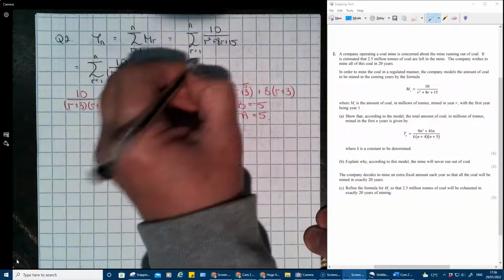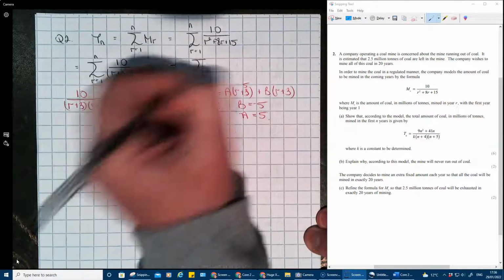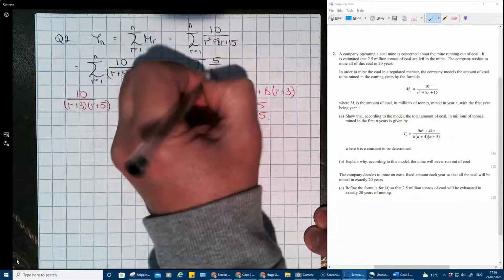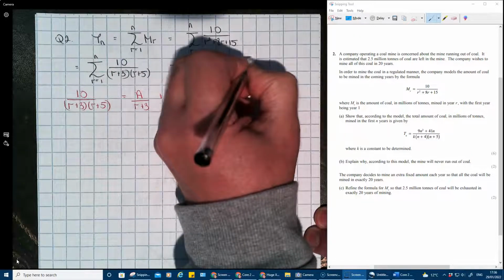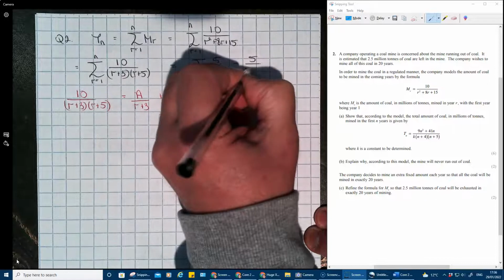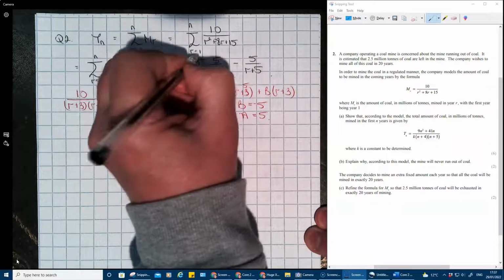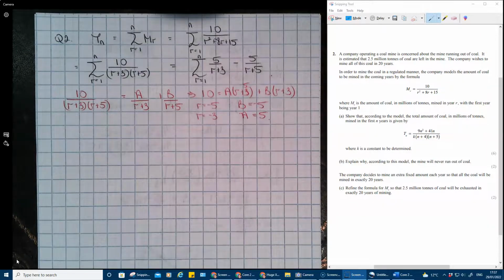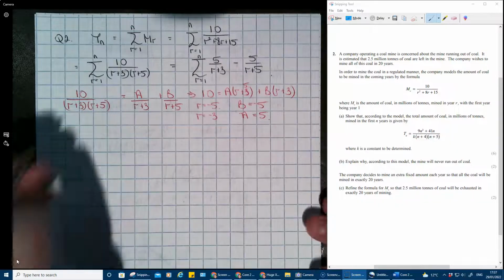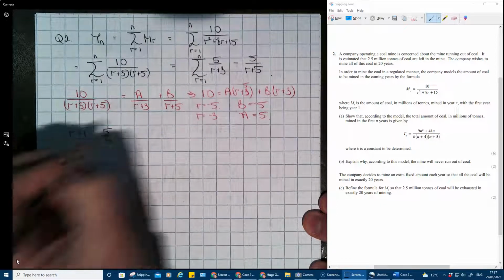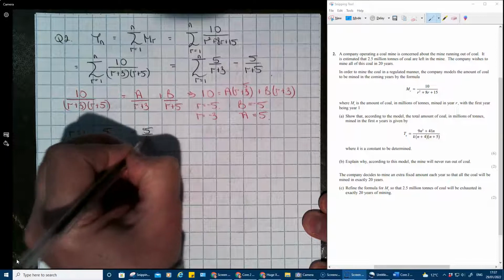So going back at the top here, we've got the sum of 5 over R plus 3 minus 5 over R plus 5, from R equals 1 to N. Okay, so we're now going to substitute some numbers in, and we're expecting by method of differences to get some cancelling going on. So R equals 1, we get 5 over 4, take away 5 over 6.